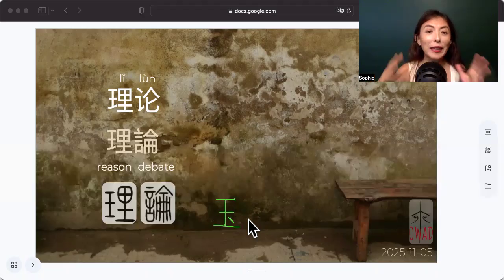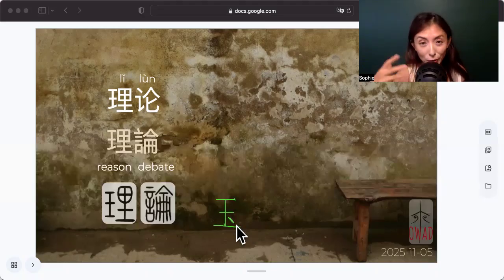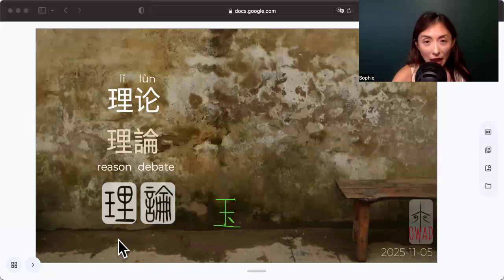So we keep the same shape. Both this Yu and Wang look exactly the same. They converged. And then Wang, the king, wouldn't change. It's somebody else who has to change its shape by adding this additional dot to mean, okay, this is not king anymore, this is jade. But you can see 2000 years ago, it doesn't have that extra dot.